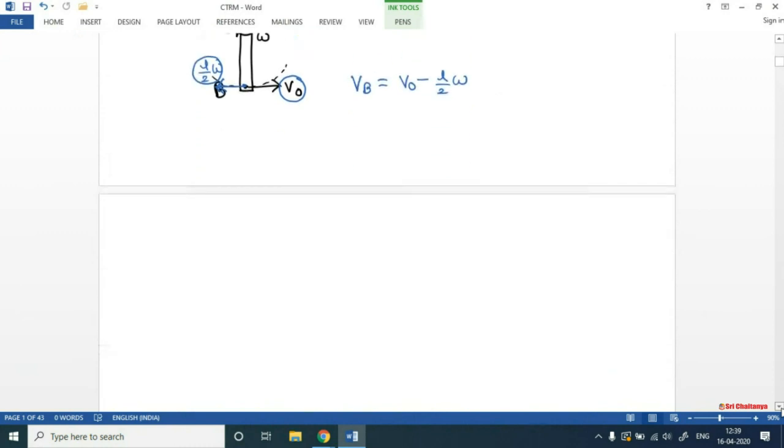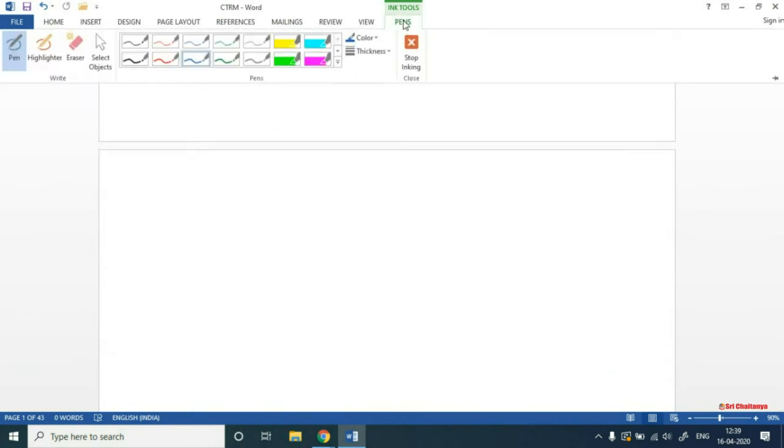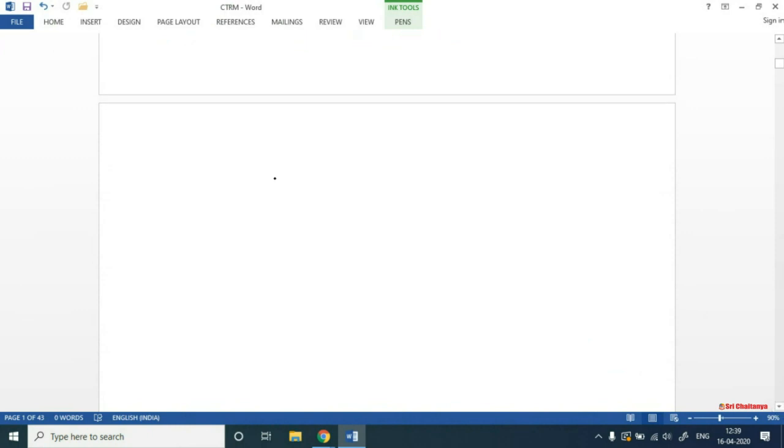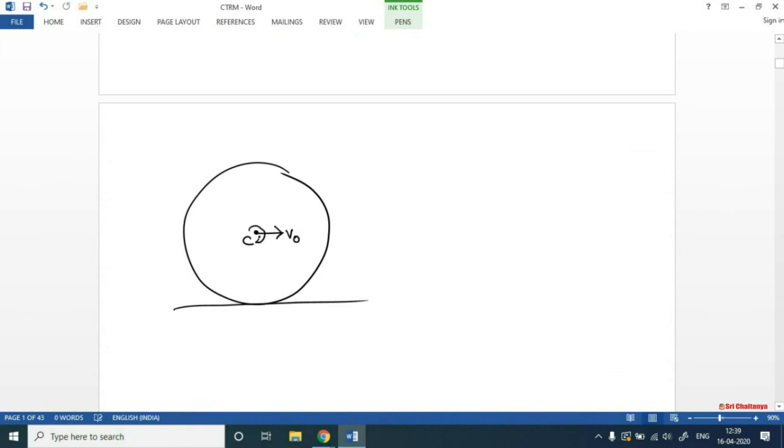So now let's take another example, which would describe this fact more clearly. Let's say we have a round body, and let's say it is rolling on the surface. Let's say this is its center of mass, so its velocity is v naught, and it is rotating with angular velocity omega, which is equal to v naught by r.